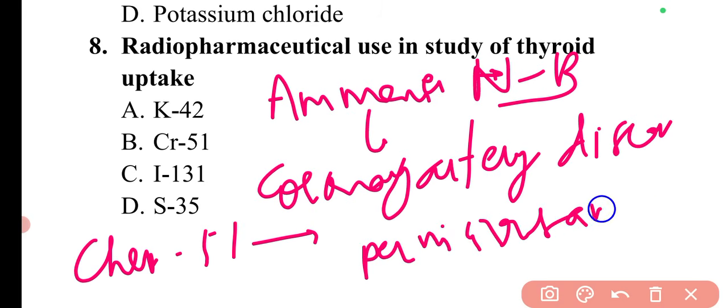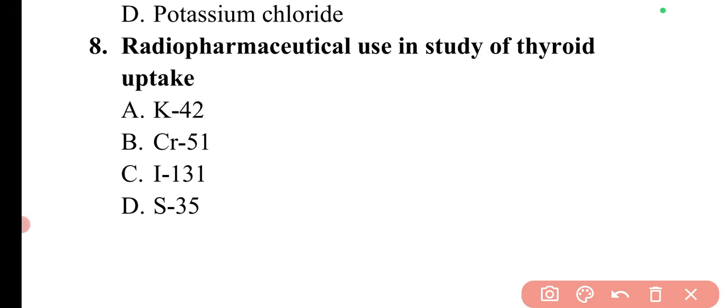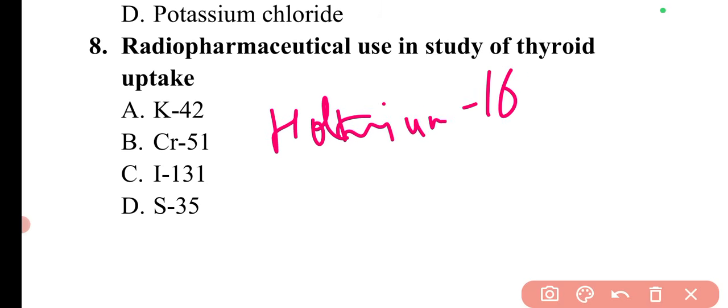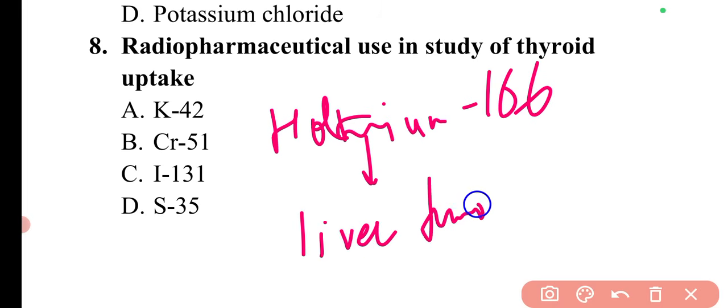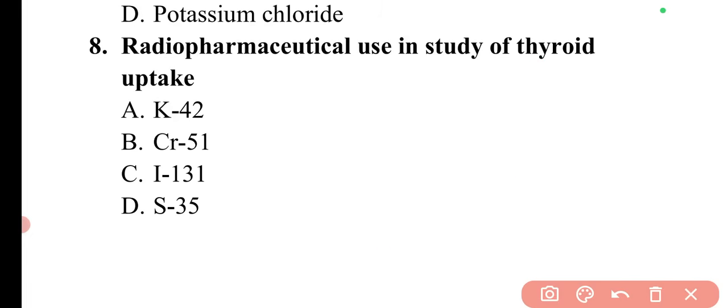And there is also one diagnostic radiopharmaceutical, holmium 166. It is used for the diagnosis and treatment of liver tumors. So here, chromium, holmium, ammonia, these are the very important ones. So you need to remember all these pharmaceuticals.